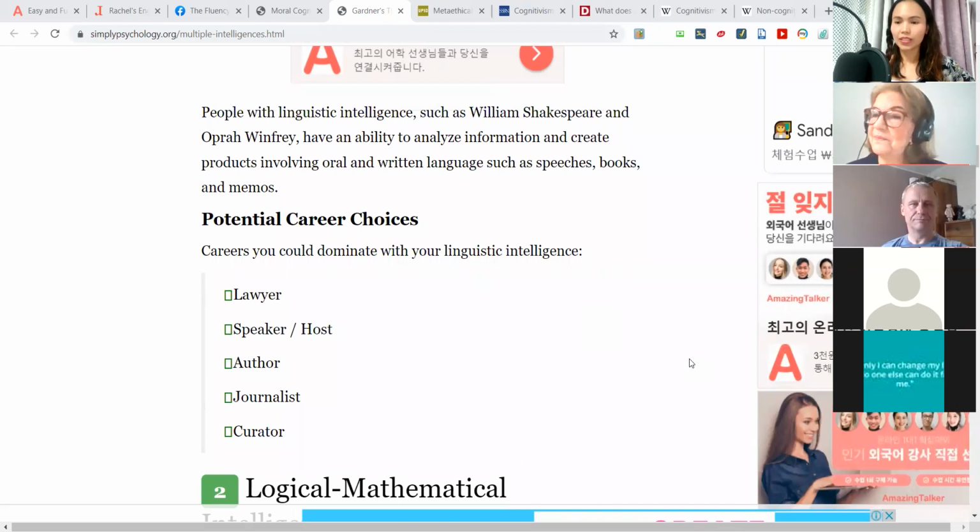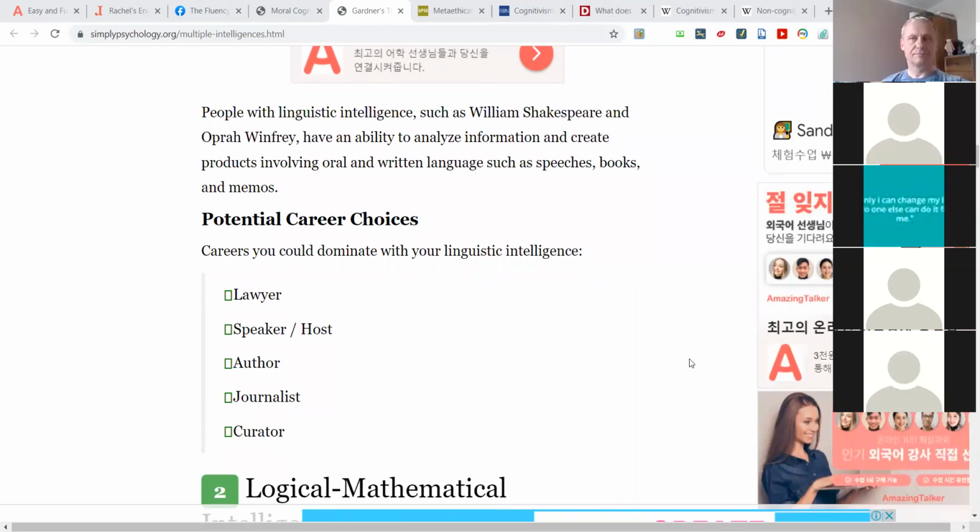Maybe also a teacher. A teacher needs to have this intelligence, and also an interpreter, a person who can decode two languages simultaneously.